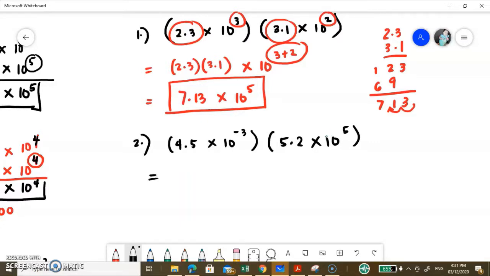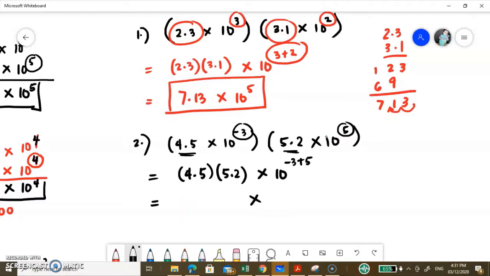So, ang ating coefficients lang ang ipag-multiply lang natin, 4.5 times 5.2. Okay, ito lang yon. Tapos, kopyahin lang times 10. Tapos, ipag-a-add lang yung exponents, negative 3 plus 5. So, times 10 raised to negative 3 plus 5 is positive 2 kasi different signs. Tapos, susolve nyo lang si 4.5 times 5.2.